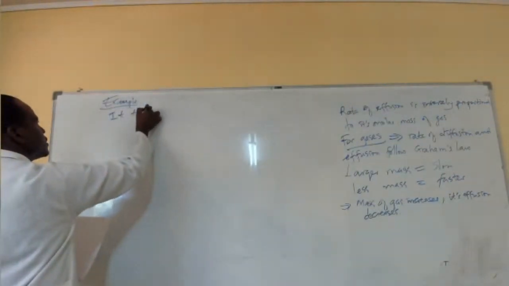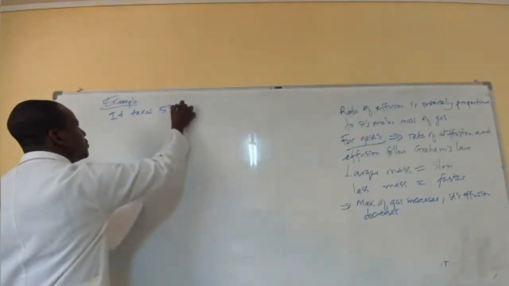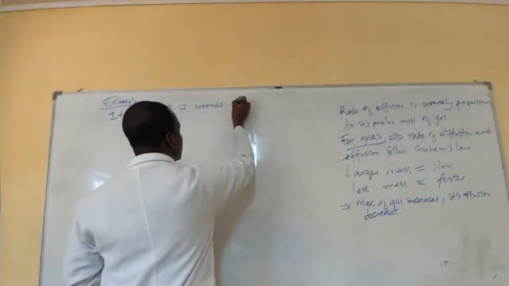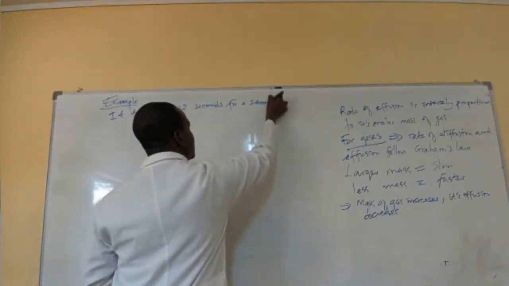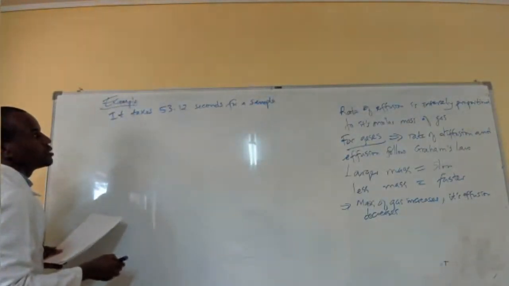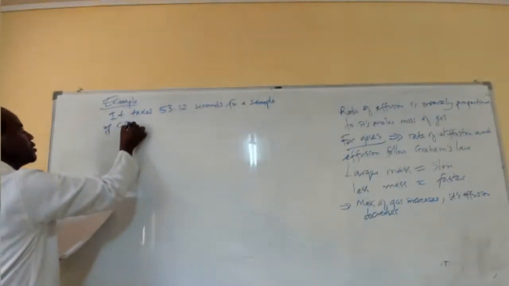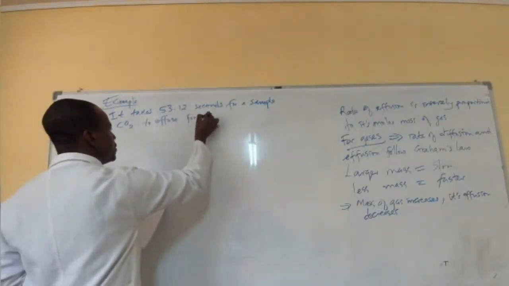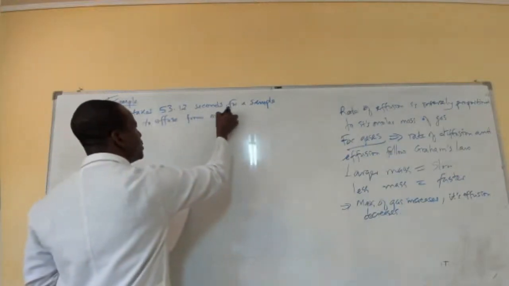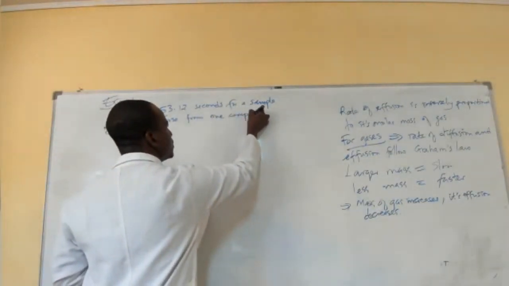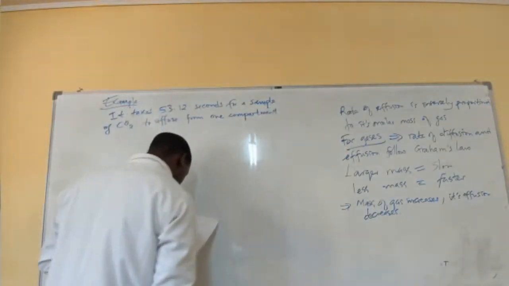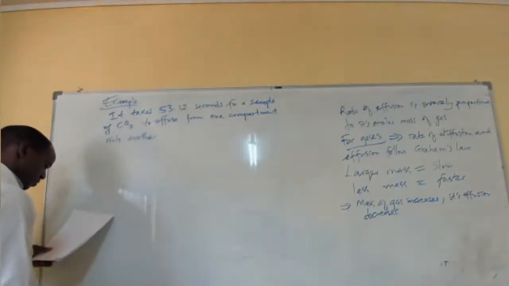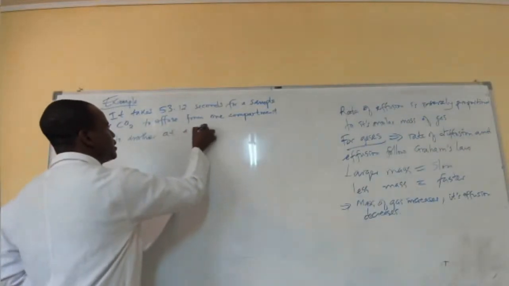So it takes 53.12 seconds for a sample of carbon dioxide to effuse from one compartment into another at a set temperature.